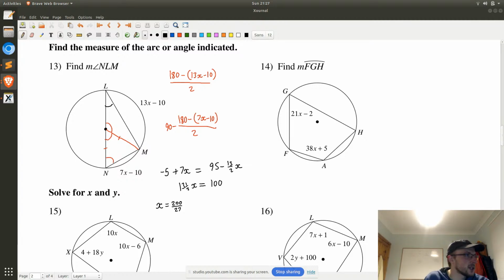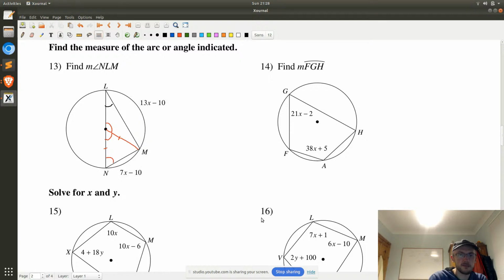So we're going to do minus 5 plus 7 times 200 over 27. So we get that, which is about 46.86. And now we're going to see. Yes, this is just absolutely ridiculous. I genuinely don't understand any of this stuff. Guess I'll have to come back to it. Oh well.